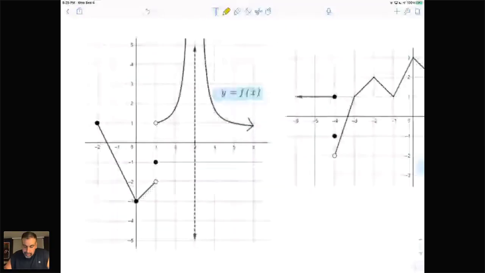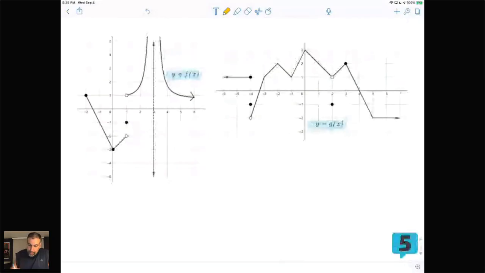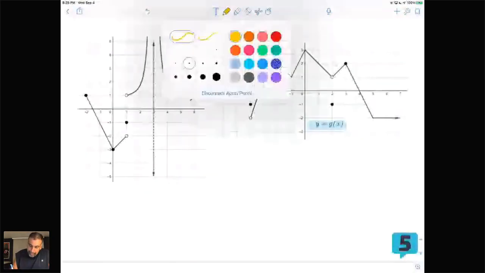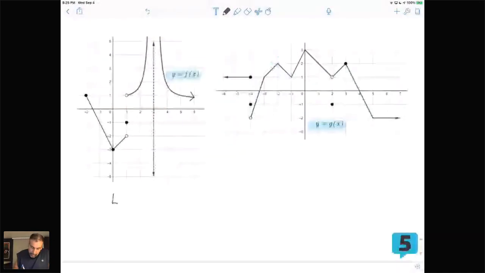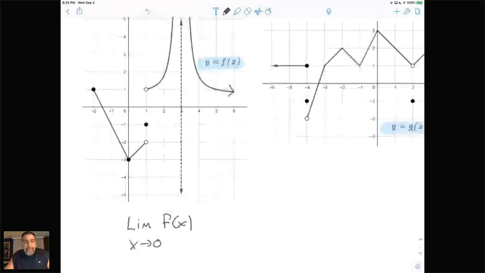So the first question I want to ask, just keep it simple, build up the level of difficulty. When we look at f of x, we just ask this question: what is the limit as x approaches 0 of f of x? Okay, so again, we're just kind of focusing on that one.